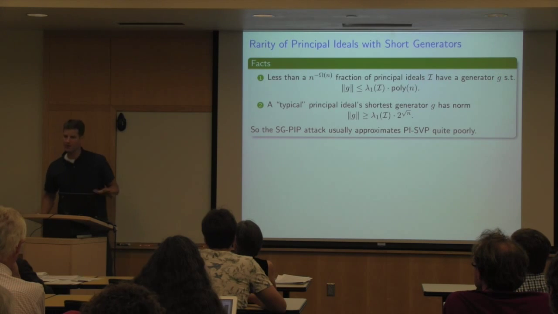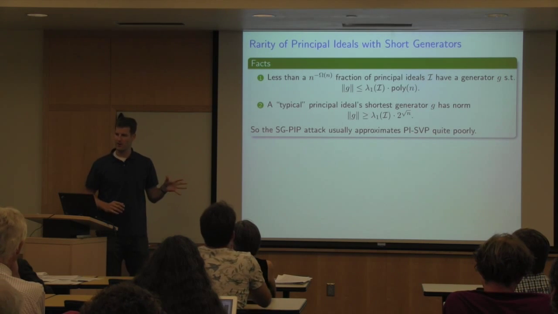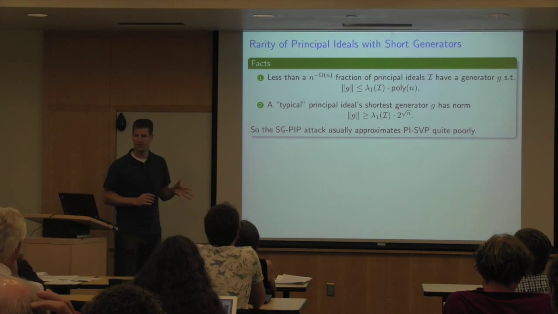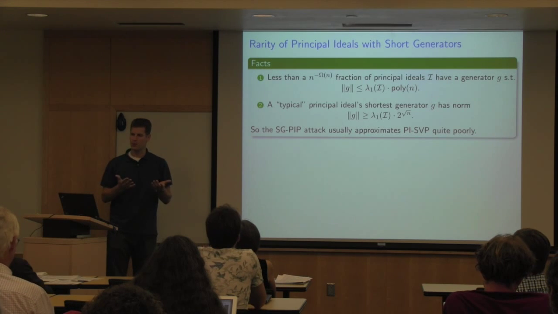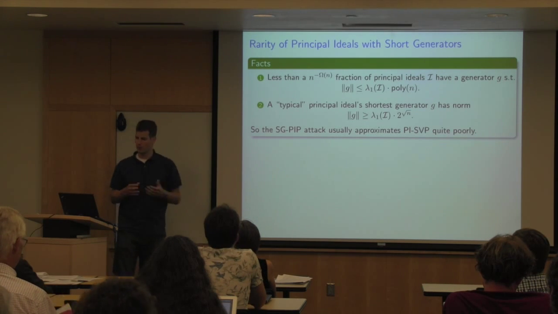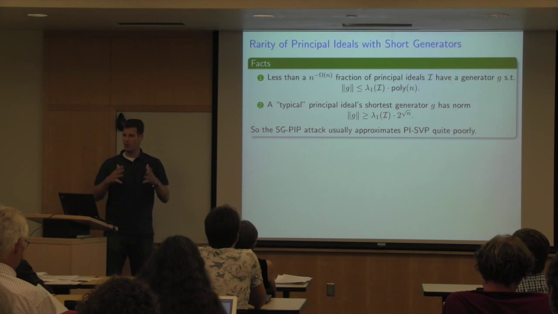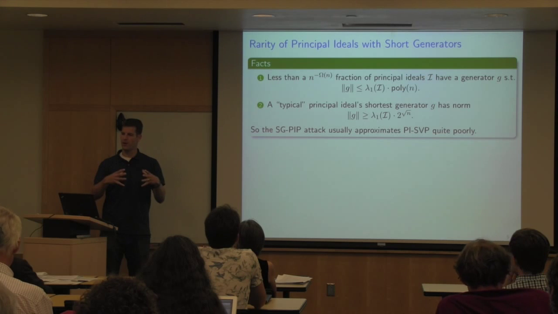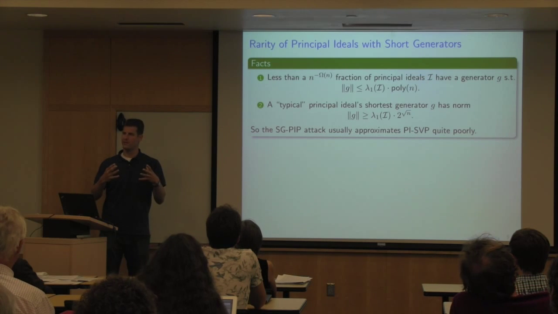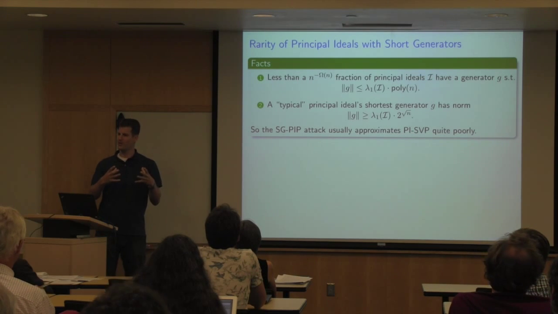Yeah, so I've been pretty deliberately vague about what it means, fraction of ideals. But one thing we can do, and this is what the argument will do: take all principal ideals and then just scale them down to have norm 1. So they become fractional or even irrational ideals.